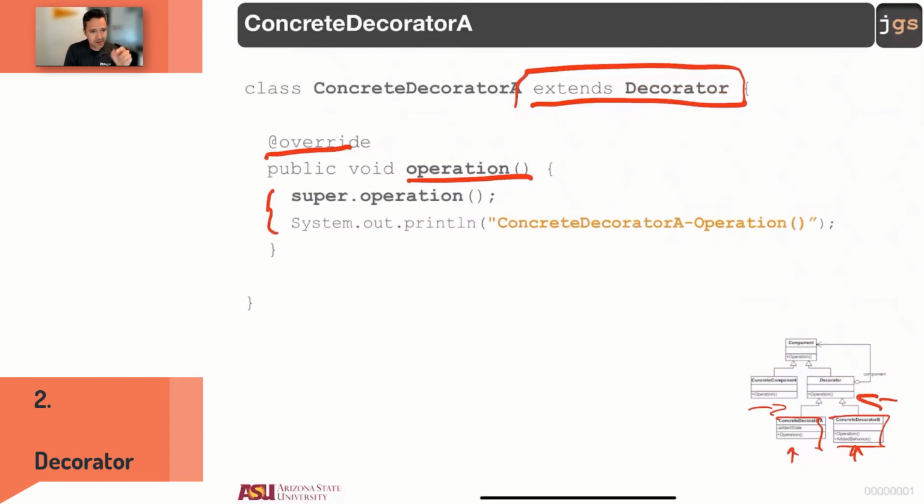However, for the decorations, hopefully you notice the following. The rule is, it doesn't matter what you add, but do this at the beginning. Help me. What is the meaning of super dot operation in this particular class? What am I doing there with the super dot operation?